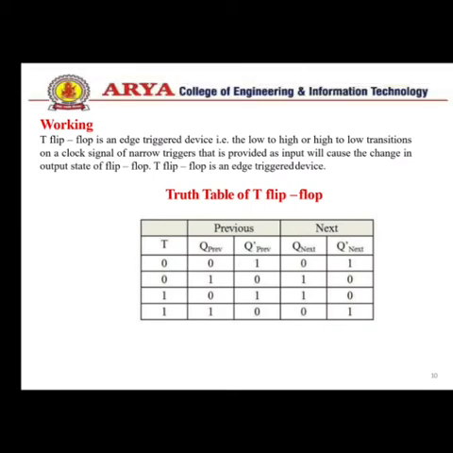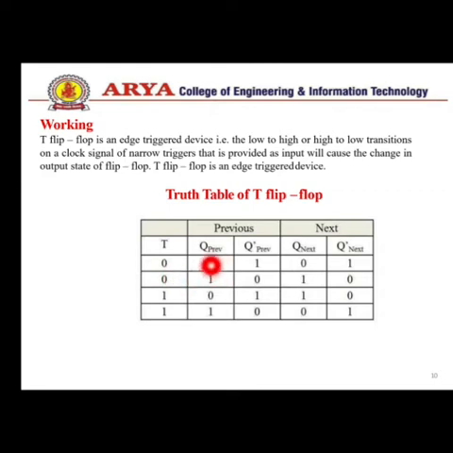So for the basic truth table of this T flip flop, we know that when the input of the JK flip flop is 0 0, the output is no change, and when the input is 1 1, the output is toggle. When we short J and K to a single input T, a value of T equal to 0 means J and K are both 0. The 0 0 condition is always a no change condition.